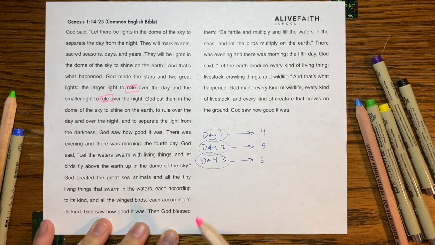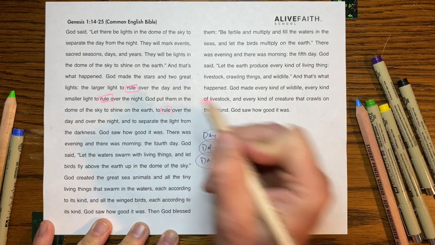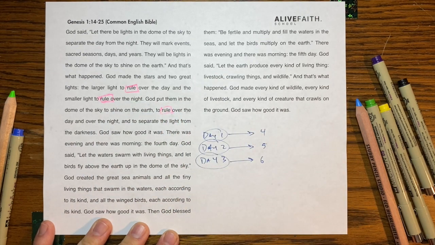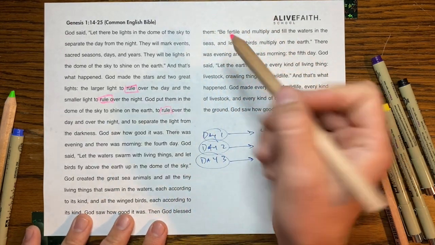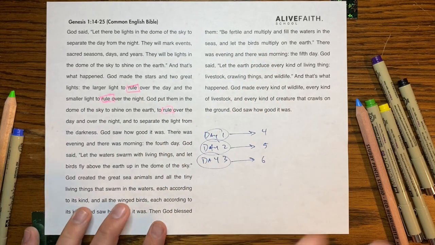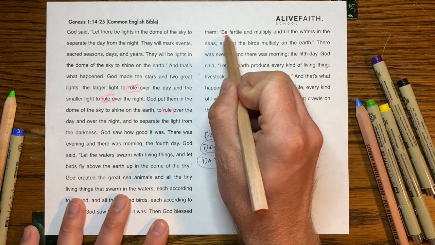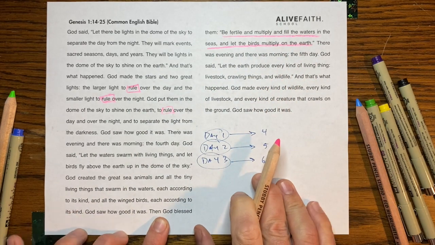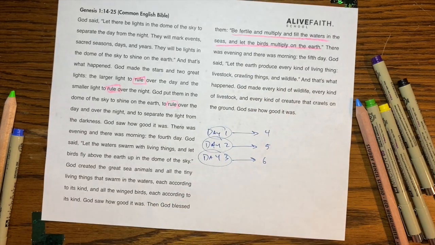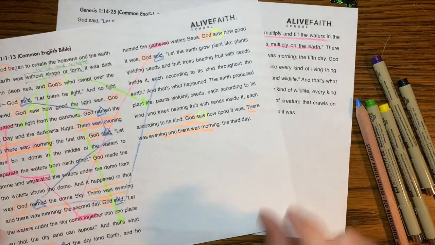It's an interesting turn of phrase, that the lights in the sky rule over the day. What's going on there? And then this just jumped out at me, partly because it's foreshadowing: to be fertile and multiply, to fill the waters in the seas, to let the birds multiply on the earth. We saw this last week as well.